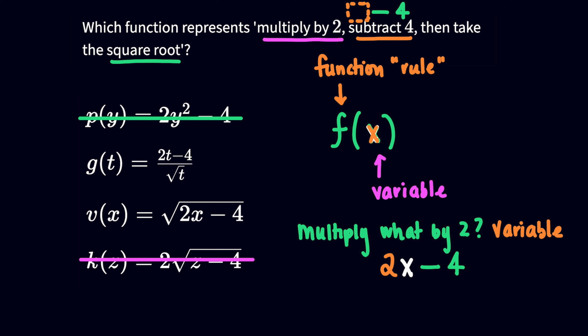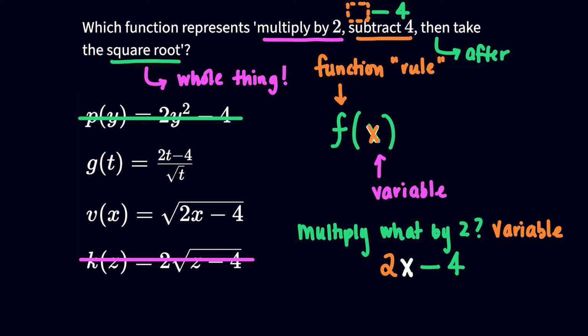Now the final thing they say is once we do all of this, we multiplied by 2, we subtracted by 4, then, so basically saying afterwards, after all that is said and done, we will take the square root. And what they mean by this is we want to take the square root of the whole entire thing, right? The whole entire group.